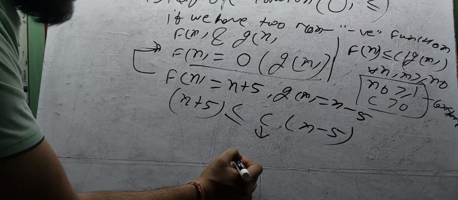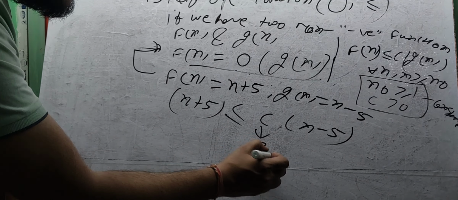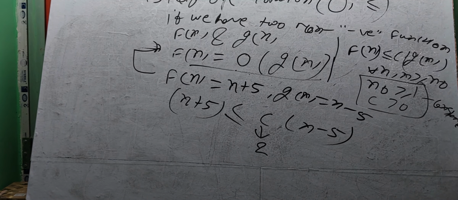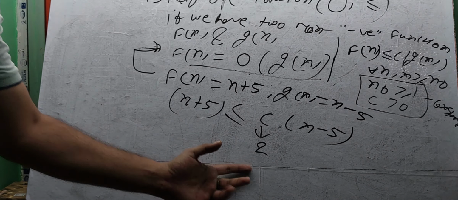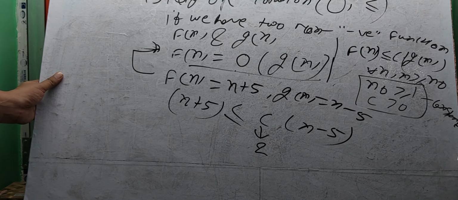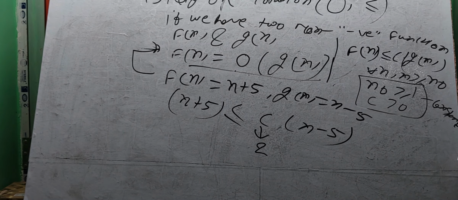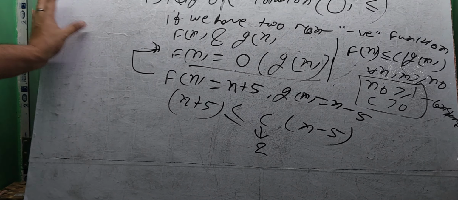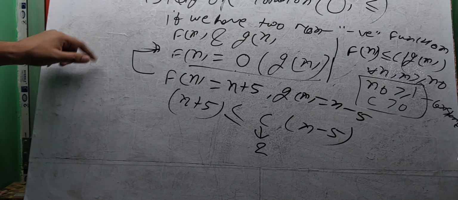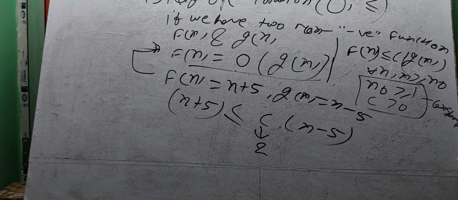If we take c as 2, then we need to find n naught. That n naught is the point from where f of n is less than or equal to g of n in the presence of some constant c. Here I have taken the constant as 2. You can take any value, and accordingly the value of n naught will change.